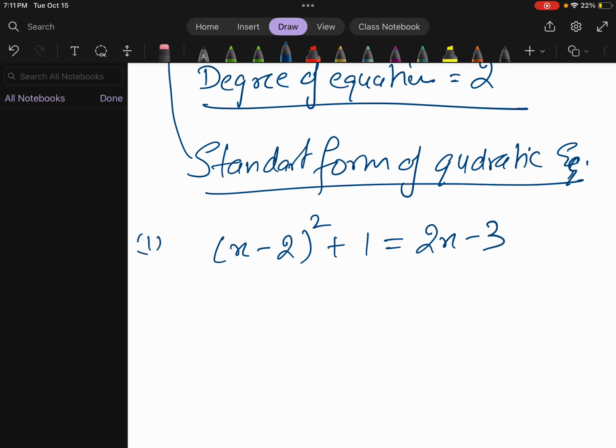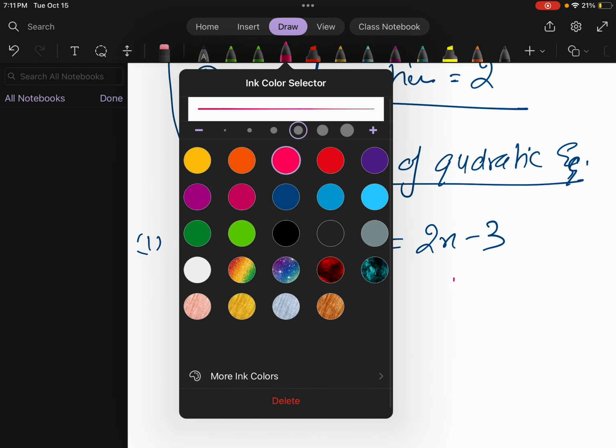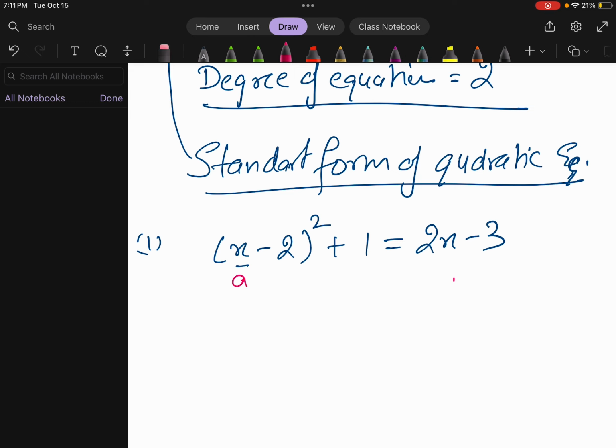We need to check whether this equation is a quadratic equation or not. Let's assume this is a and this is b. So we can apply the formula of (a minus b) square, which is equal to a square plus b square minus 2ab.